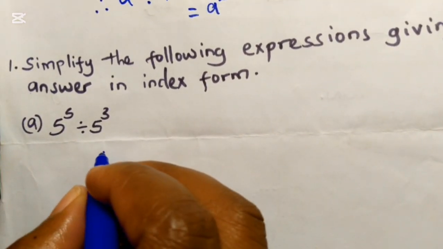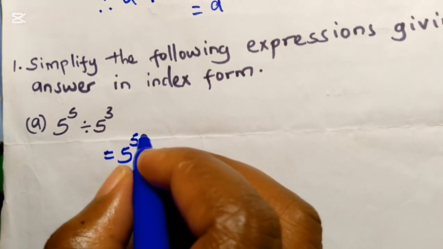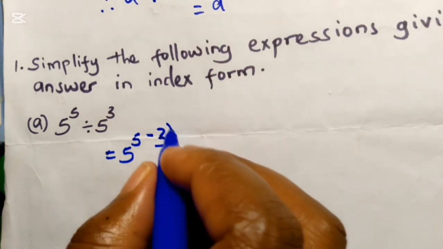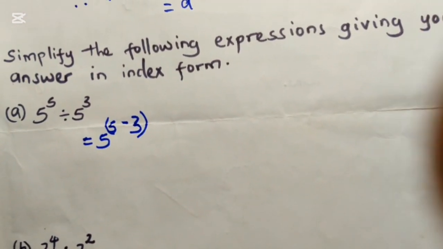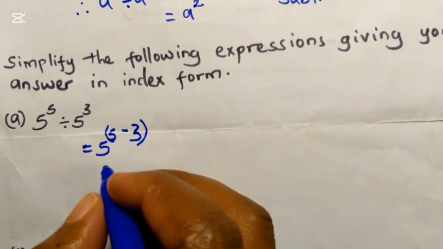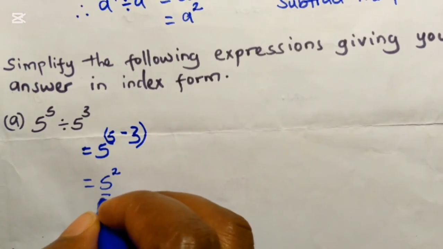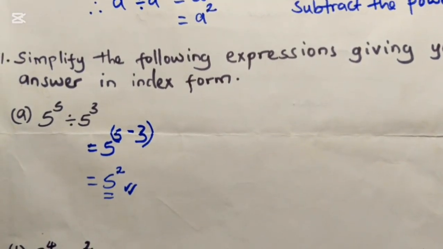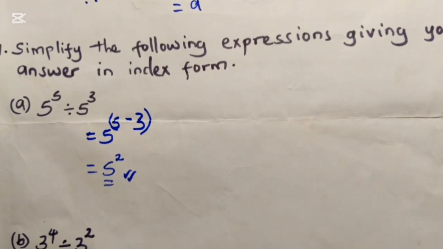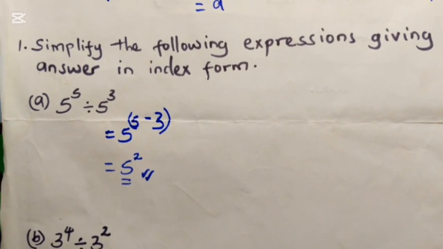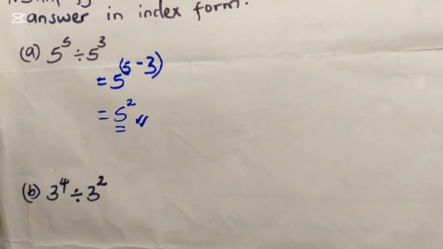This is the same as 5 power 5 minus 3, and this will be equal to 5 power 2, because 5 minus 3 is 2. That is it about that. As simple as that.